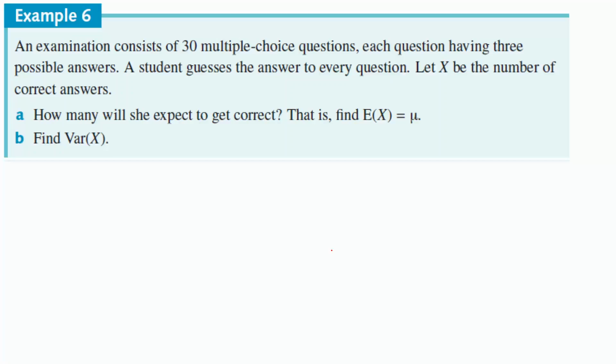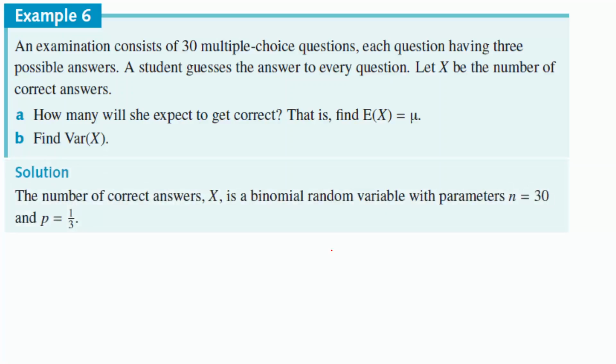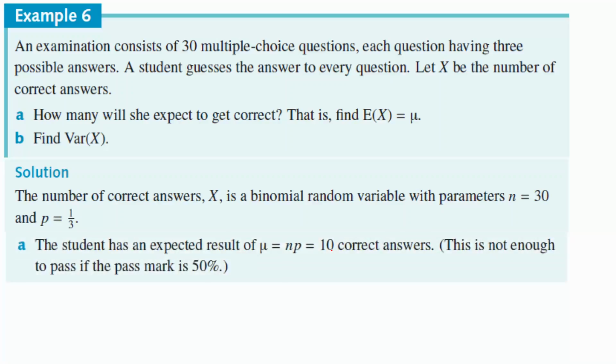So if you had to answer the question, n equals 30, p equals 1/3, and you know the expected formula was n times p, then it's a third times n, which is done, too easy. So you've got your 10 correct answers is what she would expect to get if the probability of success is 1/3 and she guessed every single question.